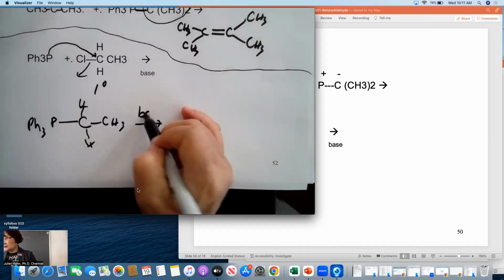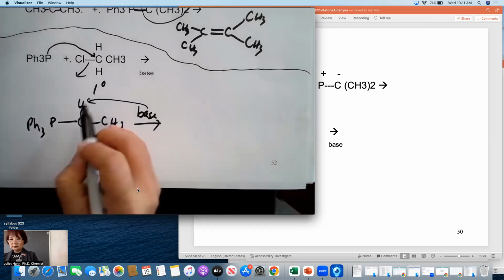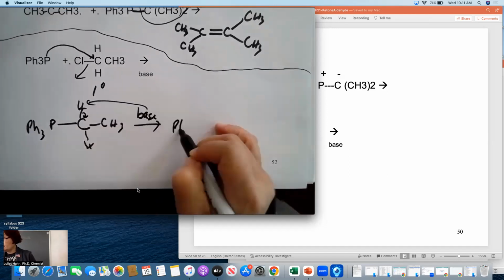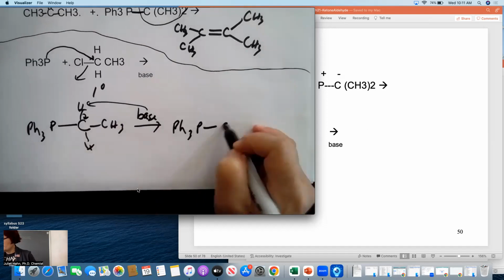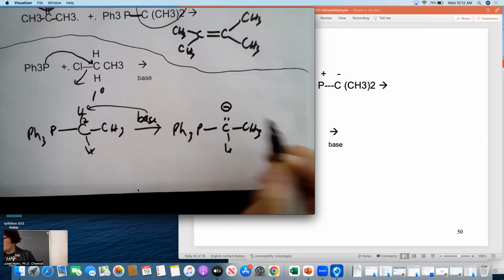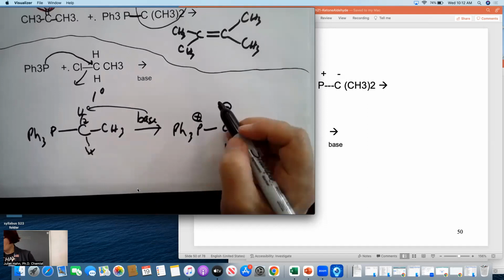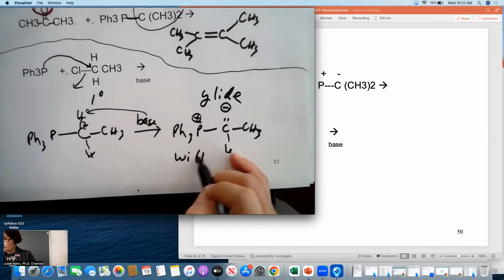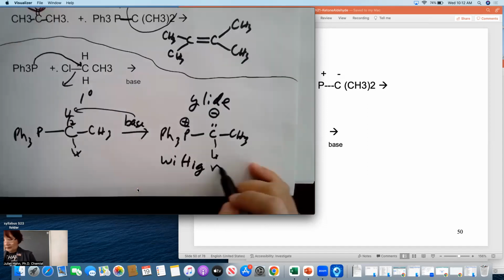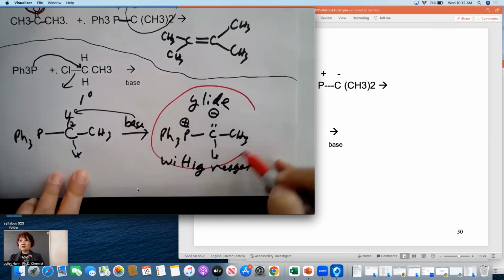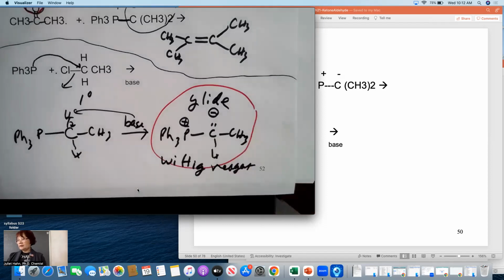Your base comes in, pulls off a hydrogen, and the pair of electrons that's between the carbon and that hydrogen goes back to the carbon, and then you end up with the ylid. So then this will react with a ketone or aldehyde to give you the alkene.